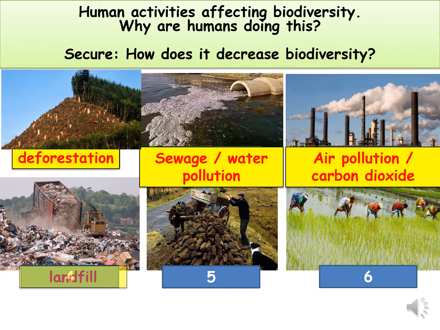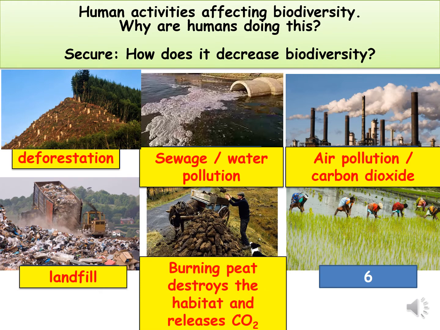Number four, landfill. If we are using space for landfills, that space would have had organisms living there. Again, if we're taking that space for landfills, it's going to affect their habitats. Number five, burning peat destroys the habitat and releases CO2.